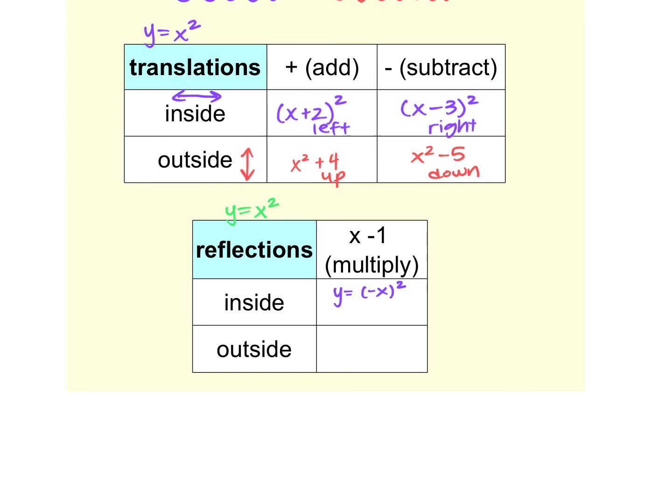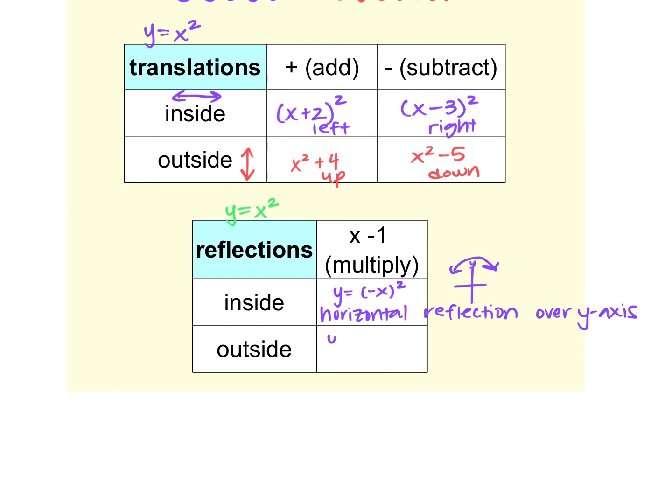This would be described as a horizontal reflection. The only other thing we can specify about this is that that horizontal reflection, which is left and right, would be over the y-axis.